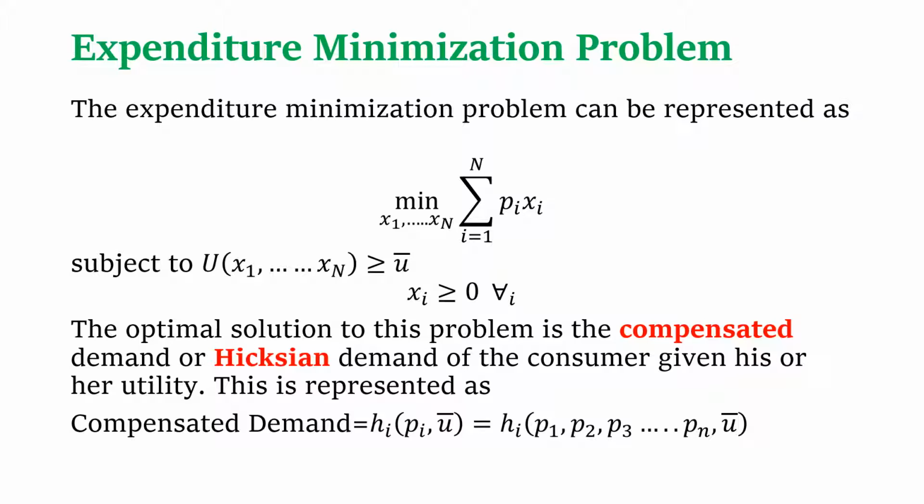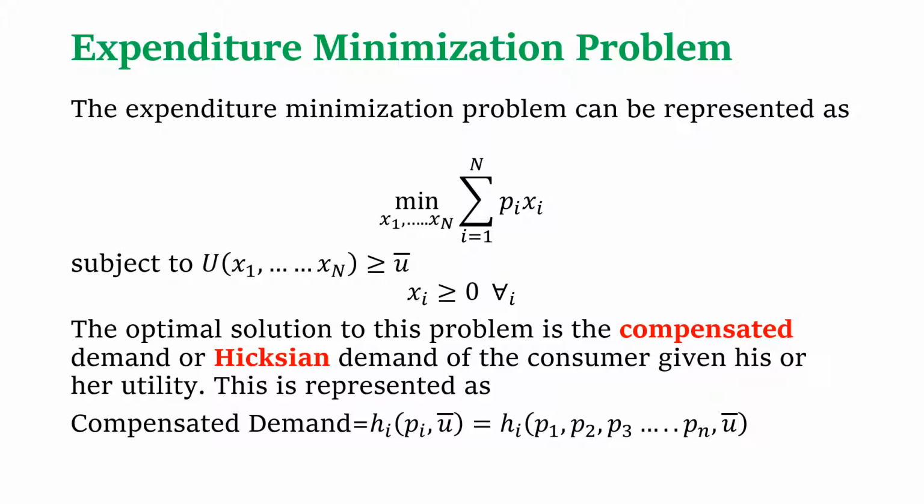We did that for Leontief preferences, quasi-linear preferences, and also Cobb-Douglas preferences.